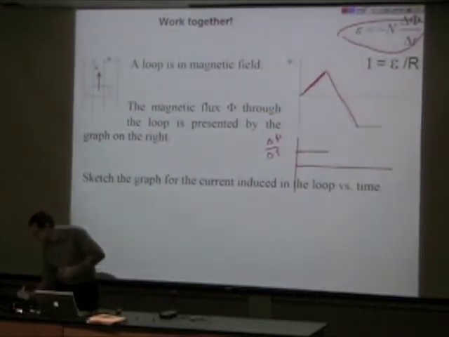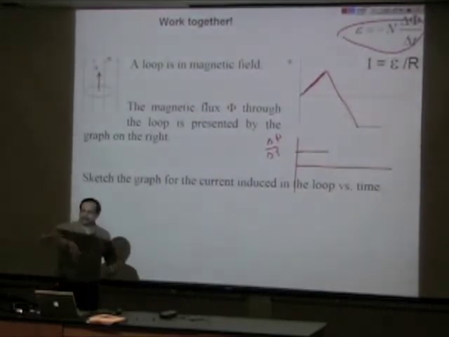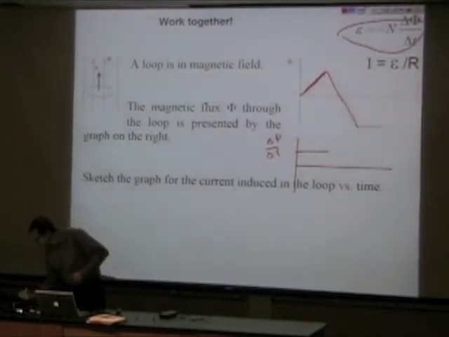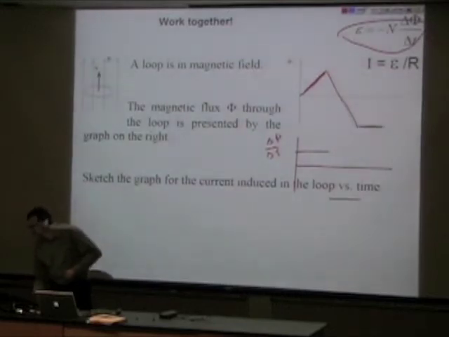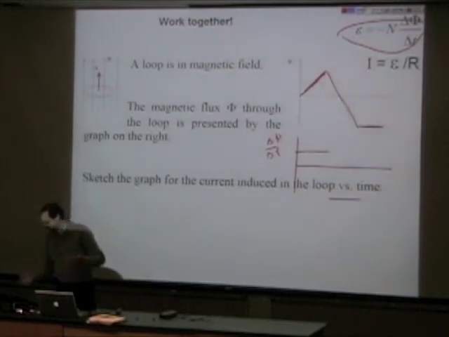Negative and constant. It's hard to say, but I think this line actually goes down faster, so the magnitude is probably larger. And finally, this part, the slope is zero, positive, or negative? Zero. So this is how the graph for the slope of the flux as a function of time looks.